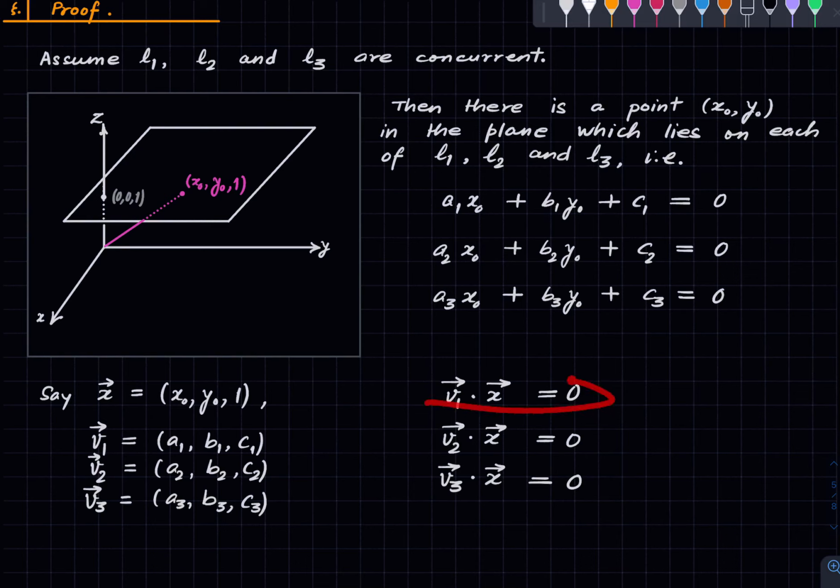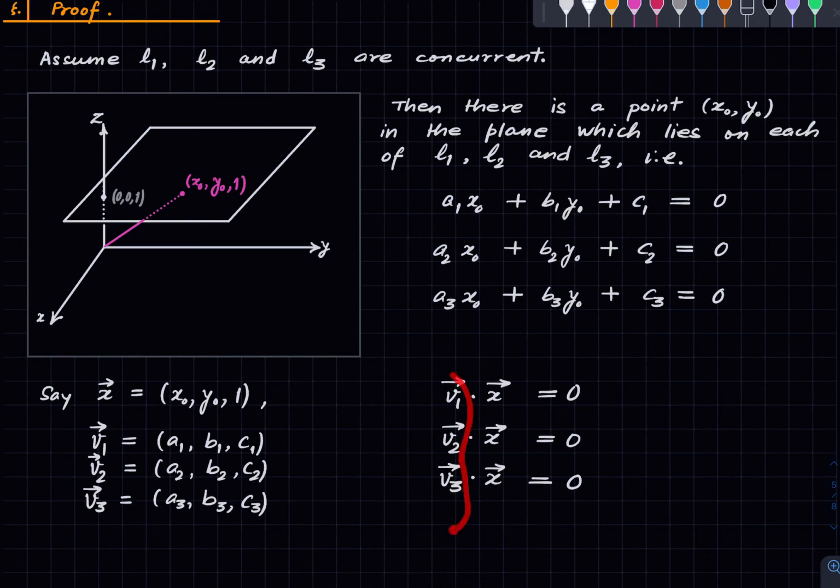So we have these 3 dot products are 0, which means what? Which means v1 is perpendicular to this, v2 is perpendicular to this, and v3 is perpendicular to that. So all the 3 vectors are perpendicular to this guy. Now this guy is of course a non-zero vector because its head is certainly not on the origin.